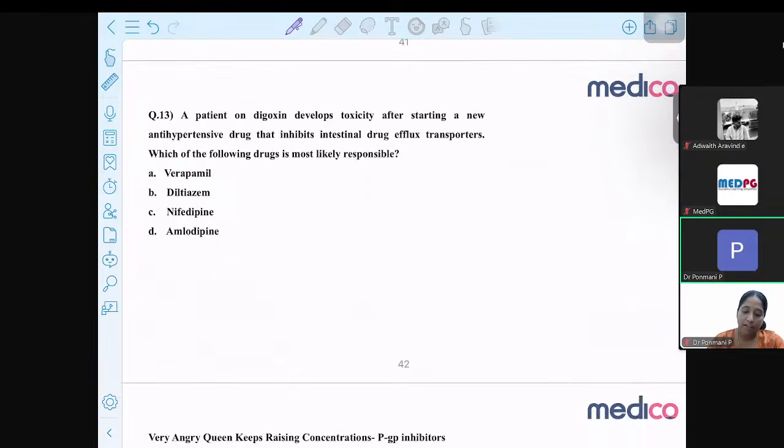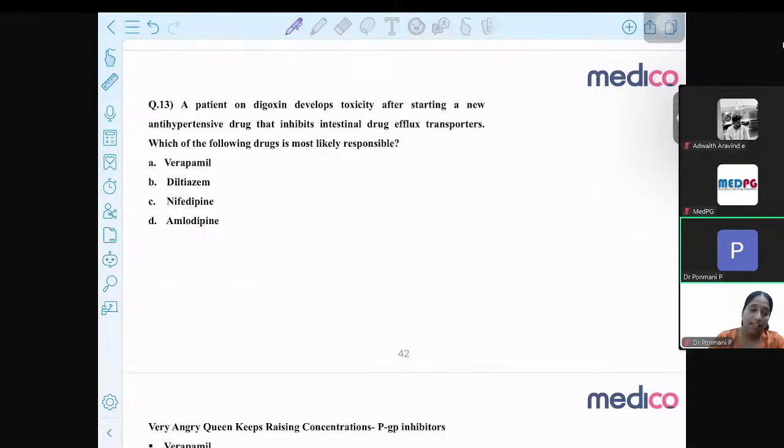Now coming to our next question. A patient on digoxin develops toxicity after starting a new antihypertensive drug. So the patient is already on digoxin and now is starting a new antihypertensive drug also. Okay. So now what is happening?